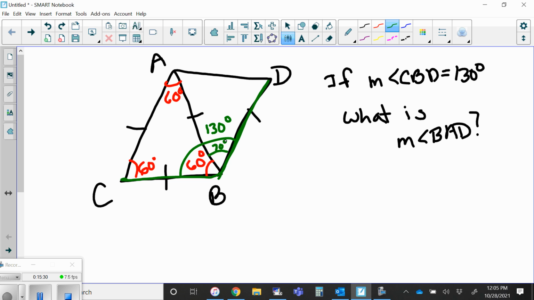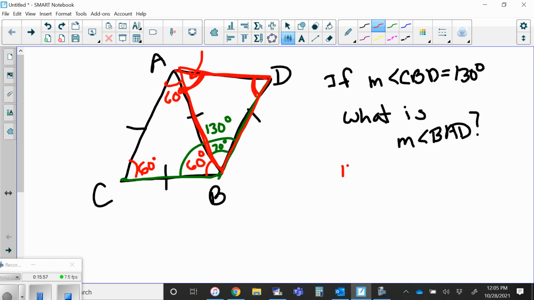Does everybody understand how we figured that out? And isn't that what they asked me for? What angle did they ask me for? Which is BDE. AD. They asked me for the measure of this angle, correct? Well, what kind of triangle is ADB? Isosceles. And these two angles are my what? My base angles, right? They're equal.